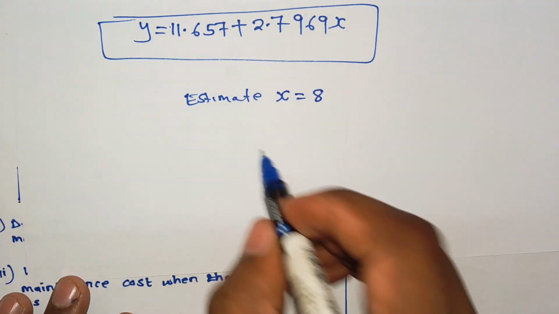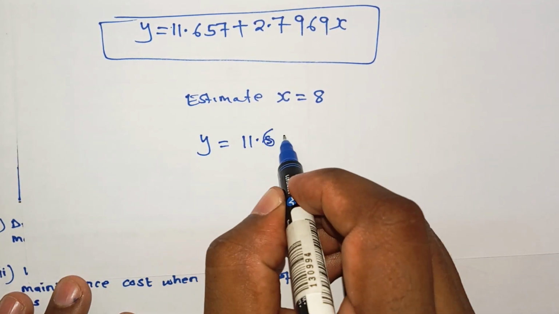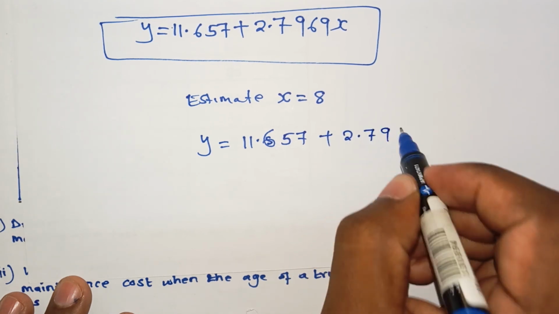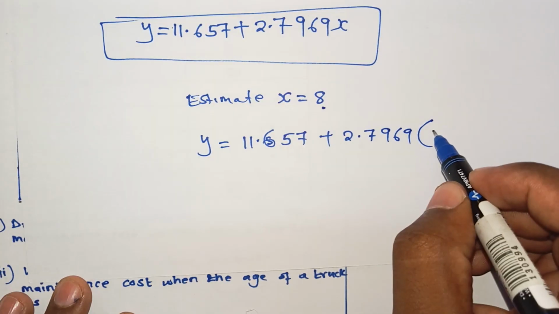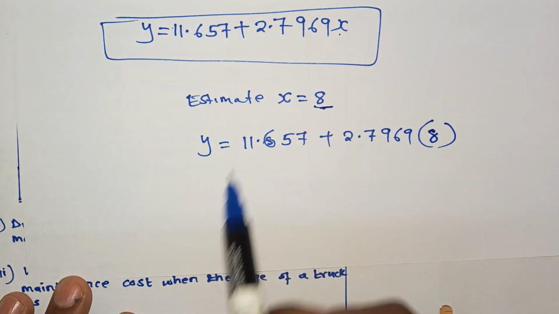So with our equation we have y equals 11.657 plus 2.7969x. Where there is x, you replace with 8.